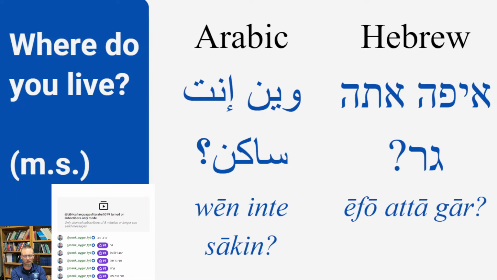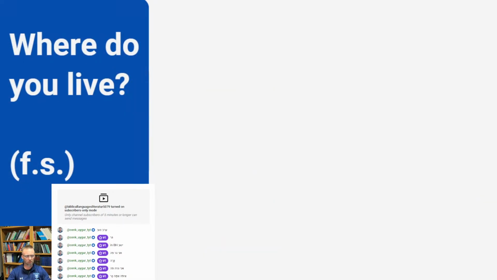And then in Arabic, it's not Efo, it's wain. So wain inta sakin. Wain inta sakin. Where do you live? So ata is the Hebrew masculine singular pronoun, meaning you, and inta in Levantine Arabic is you. All right, now let's go to where do you live in the feminine.